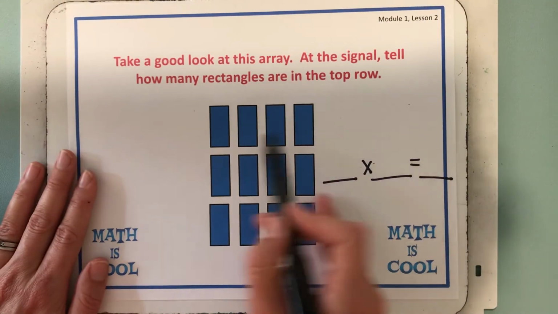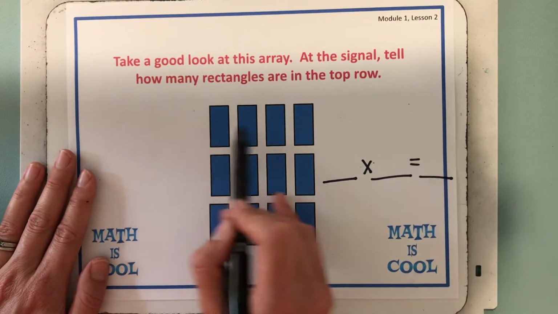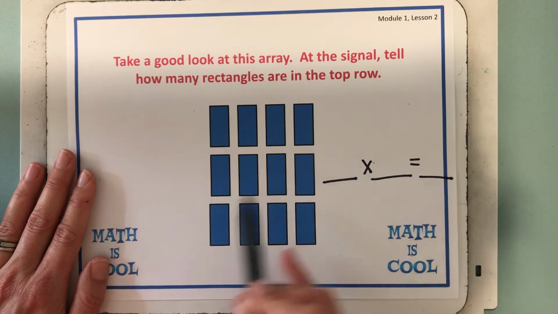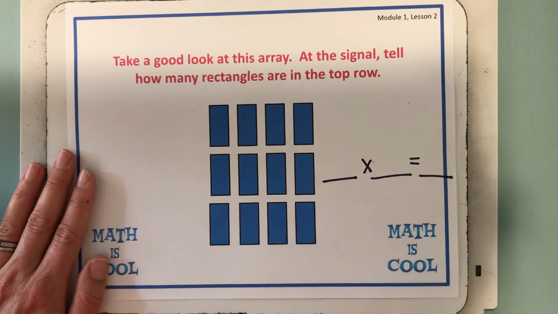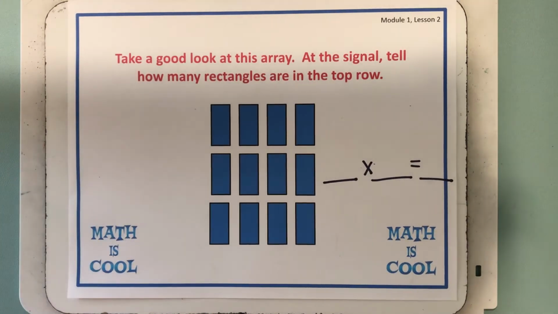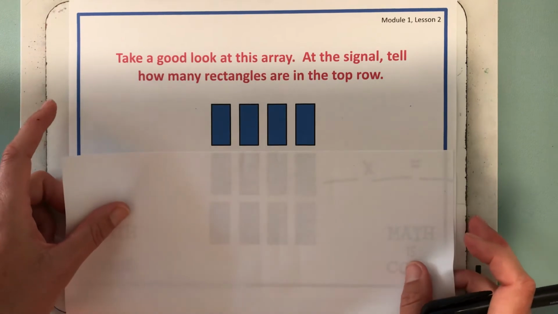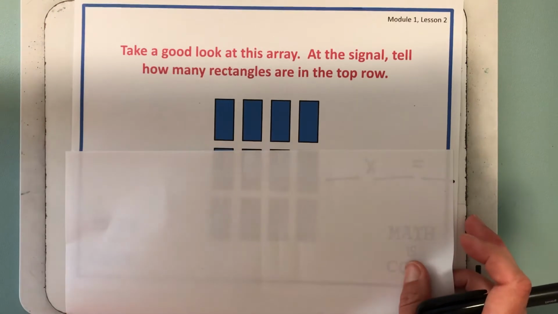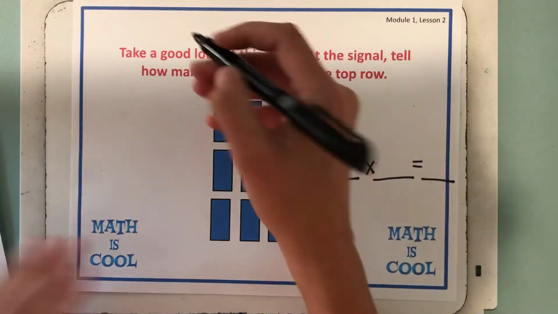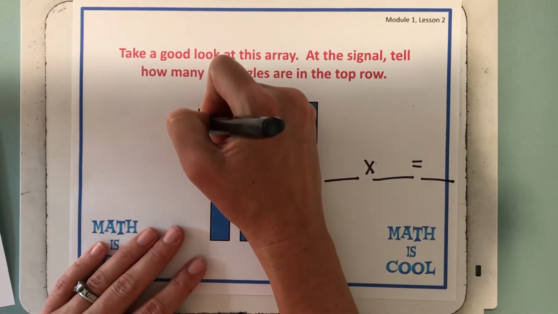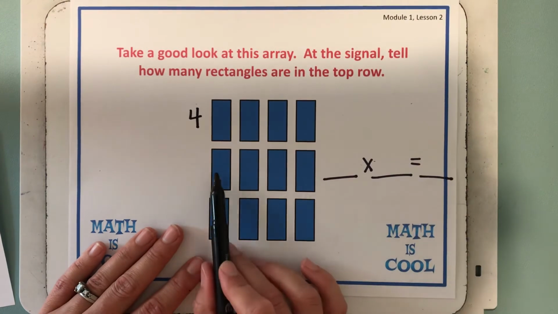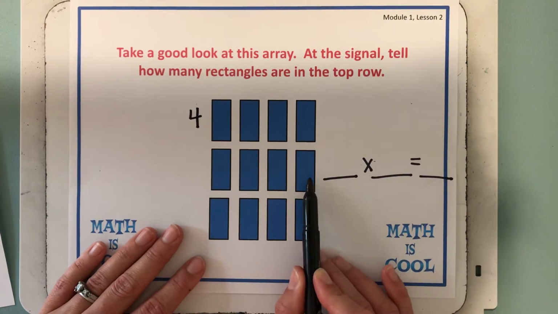Okay, so now let's look at this one. Let's take a look at this array, right? We're showing the rows from left to right. And at my signal, I want you to tell me how many rectangles are just in the top row. So I'm going to cover it up. How many are just in this top row? 4, right? We have 4 in this top row. Awesome. And we have the same amount in the next row, right?